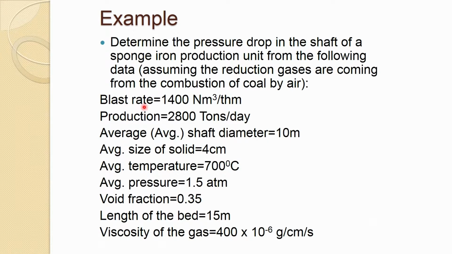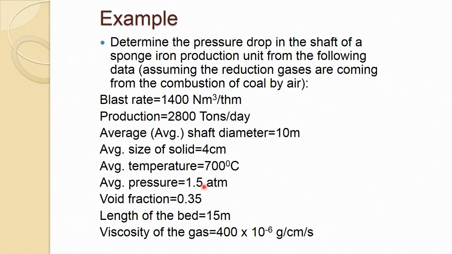The blast rate or the gas rate is given as 1400 normal meter cube per ton of hot metal. Production rate is 2800 tons per day. Average shaft diameter is 10 meter. Average size of solid is 4 centimeter. Average temperature 700 degrees Celsius.